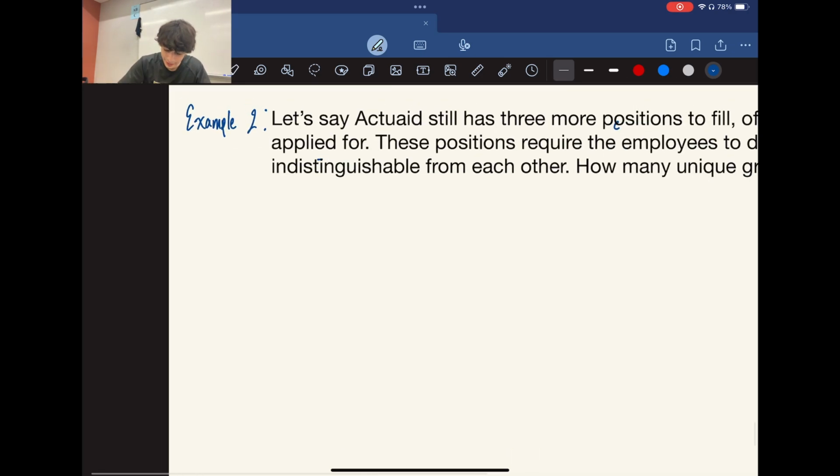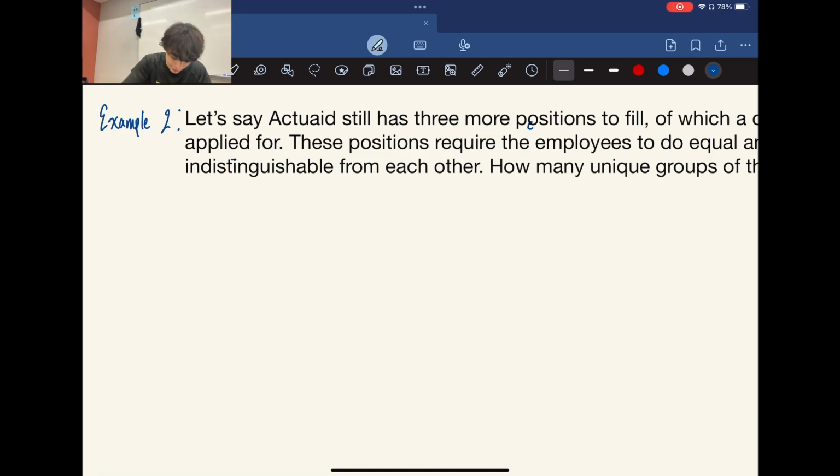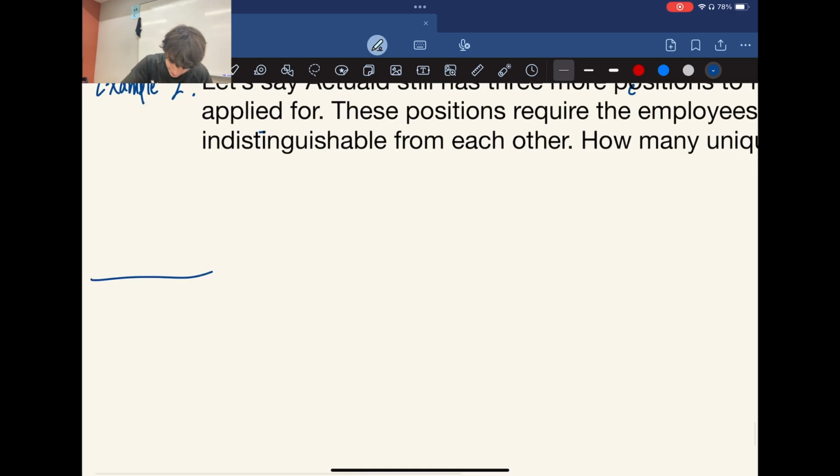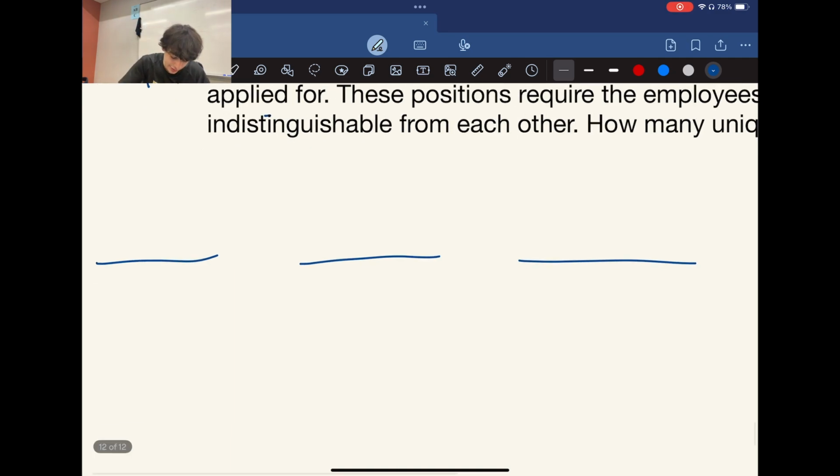It seems pretty similar to the first example, and it would definitely make sense to apply the same thought process from the previous example to solve. And while I'm naming this position 1, this position 2, and this position 3, these are essentially all the same thing.